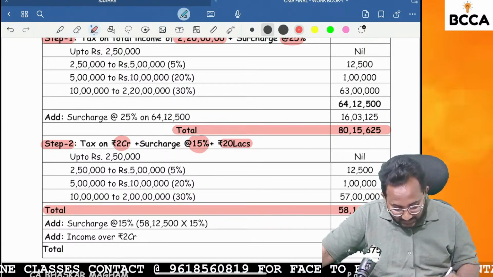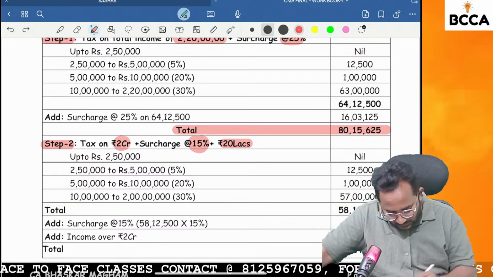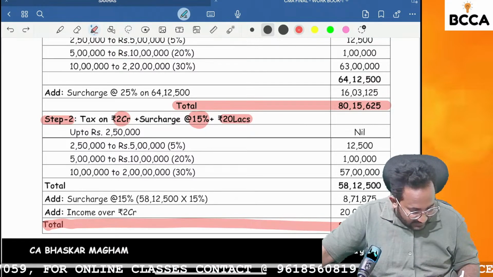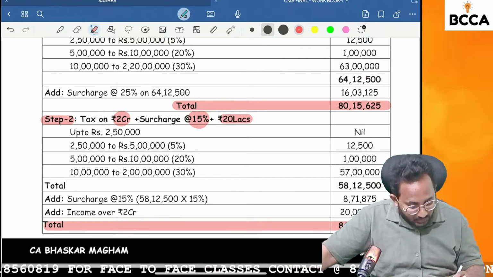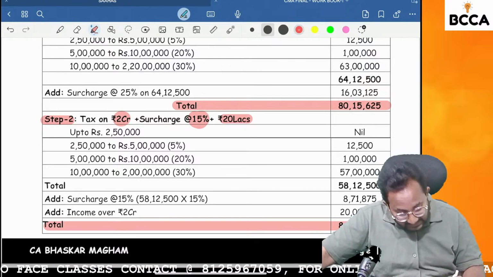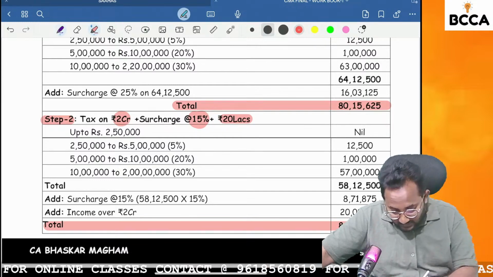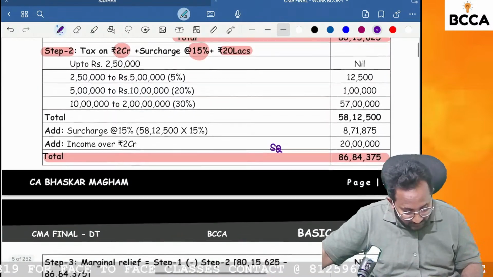Here, can you tell me what will happen? Sorry. Step 2 answer is nothing but 86 lakh 84,375. After calculating the total income plus surcharge plus additional income over the 2 crores, if you are given, this is the step 2 answer, and the other is the step 1 answer. Can you tell me what will happen here?